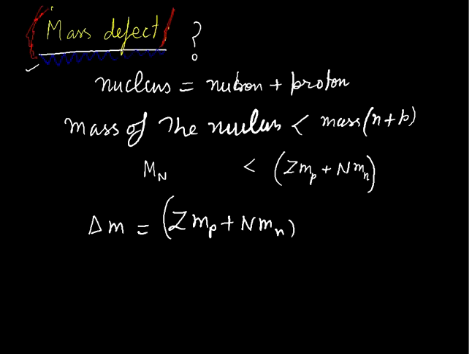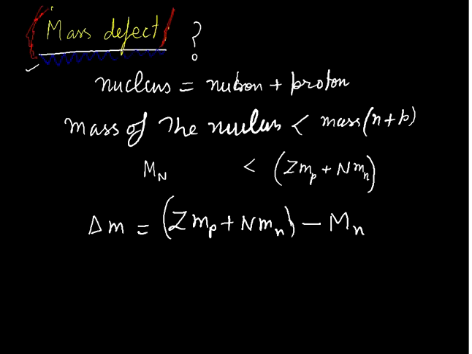This mass is larger as compared to the actual nucleus. So the difference from Mn, the mass of the nucleus, is known as mass defect.